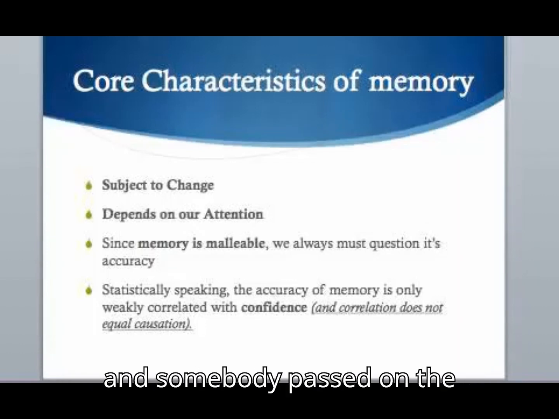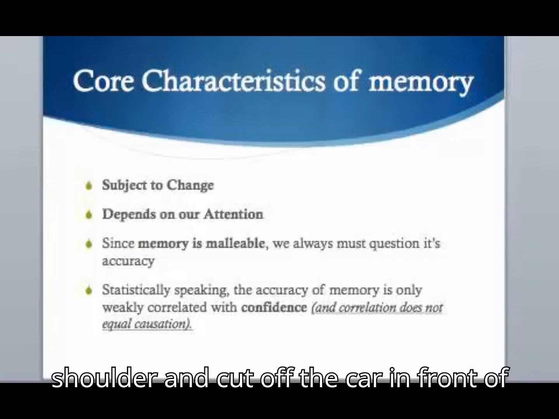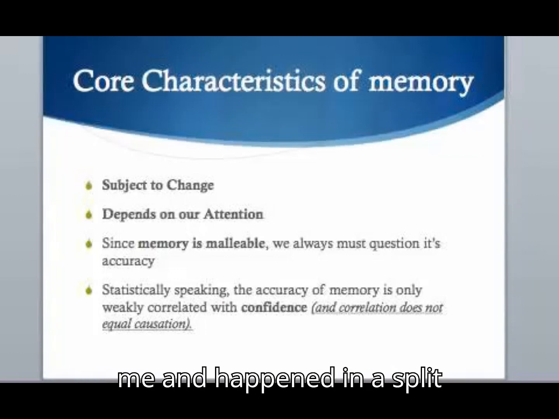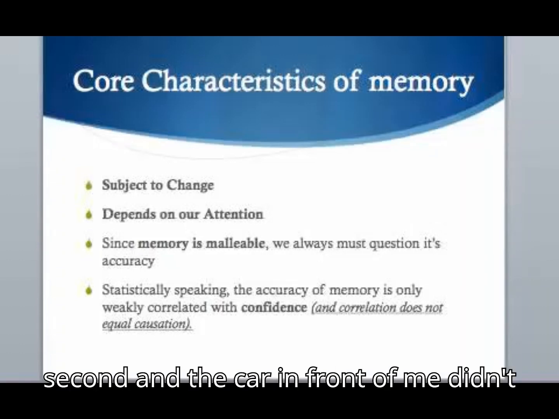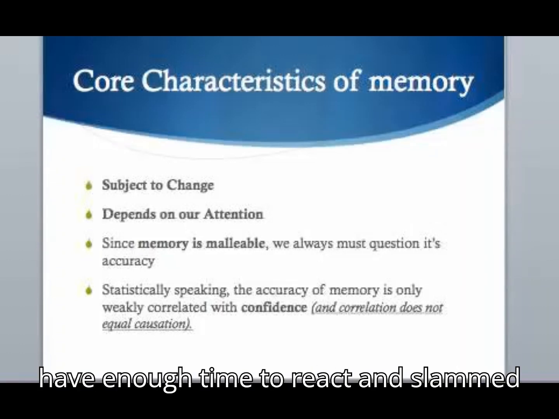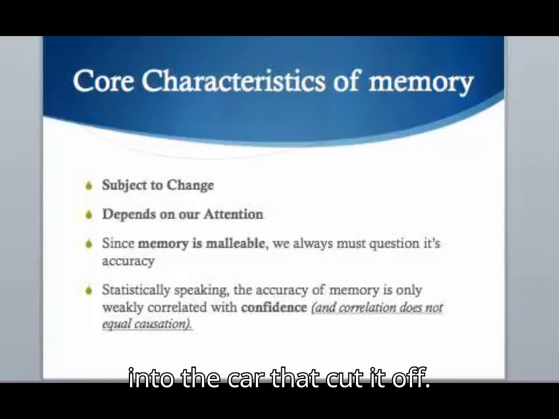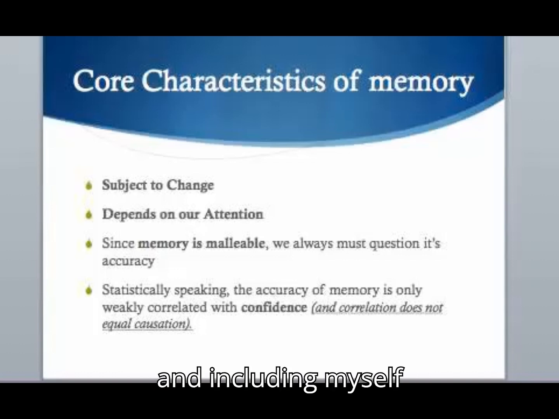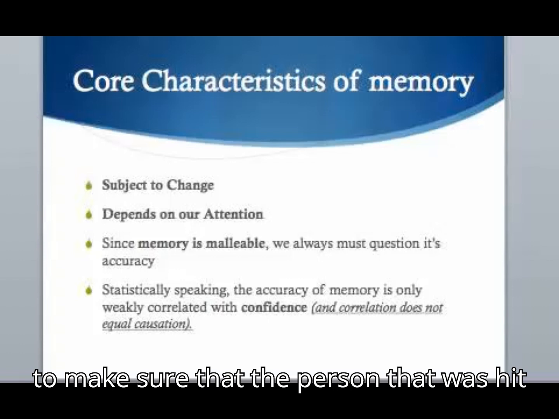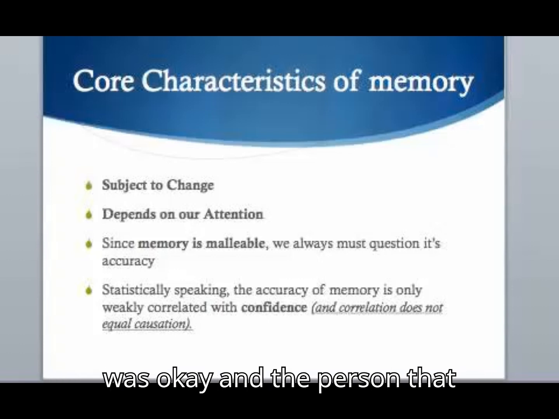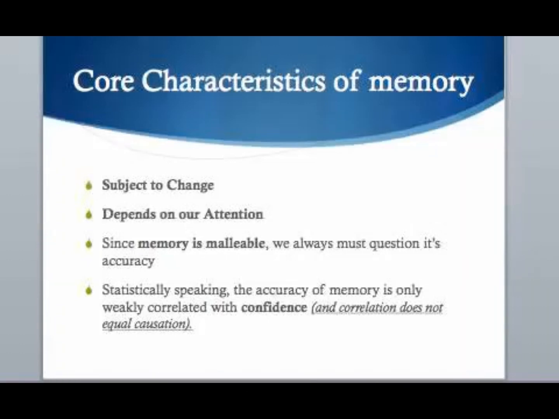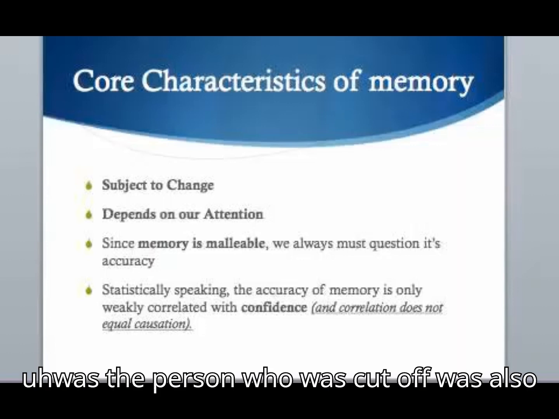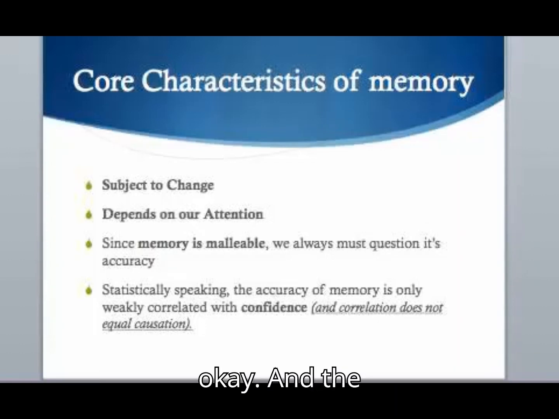And somebody passed on the shoulder and cut off the car in front of me, and it happened in a split second, and the car in front of me didn't have enough time to react and slammed into the car that cut it off. So everybody pulled over, including myself, to make sure that the person that was hit was okay, and the person who was cut off was also okay.